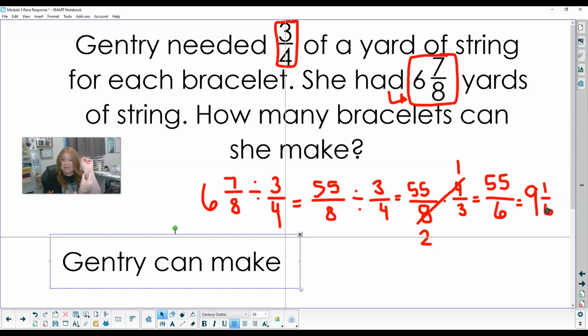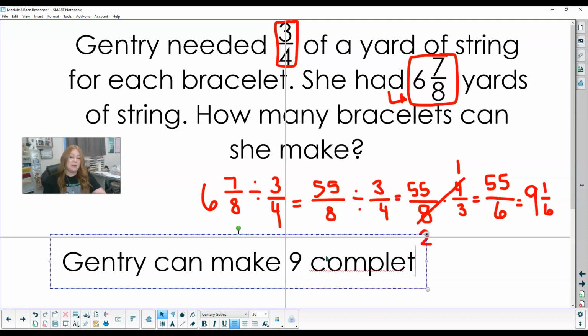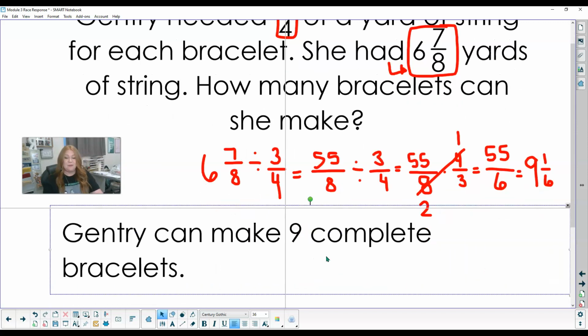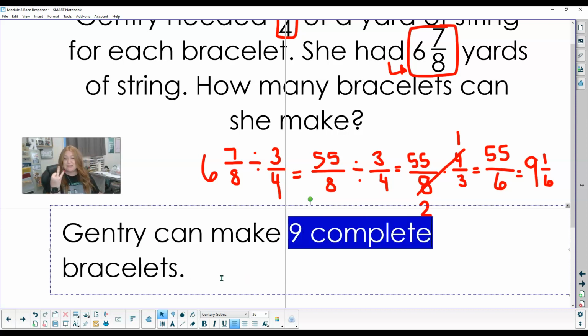It's going to fit here on my wrist and then I can't tie it together. So Gentry can only make 9. So Gentry can make 9. I'm even going to add in the word complete bracelets. So R, restate the question: how many bracelets can she make? Gentry can make blank bracelets. A, answer. My answer is 9 complete bracelets.